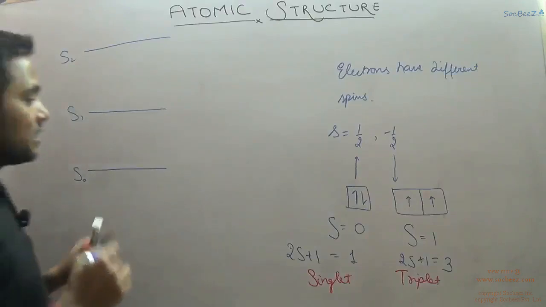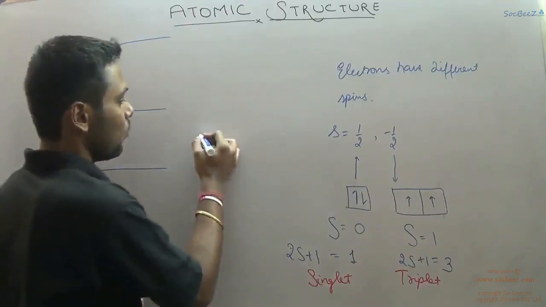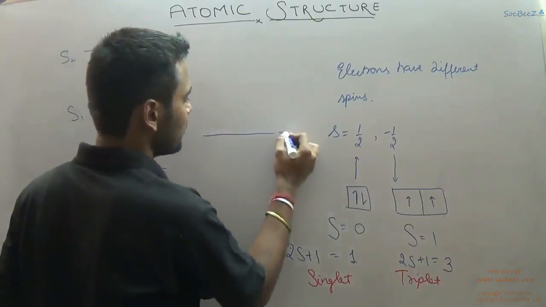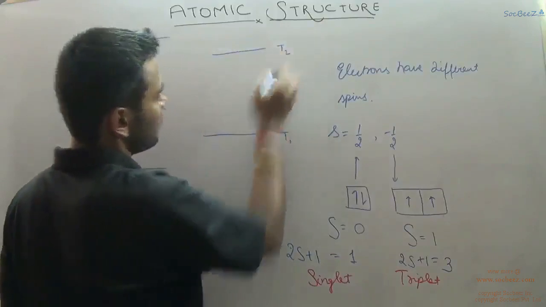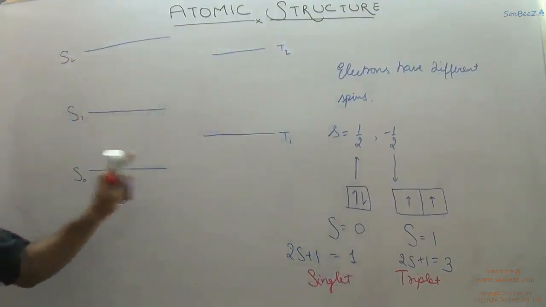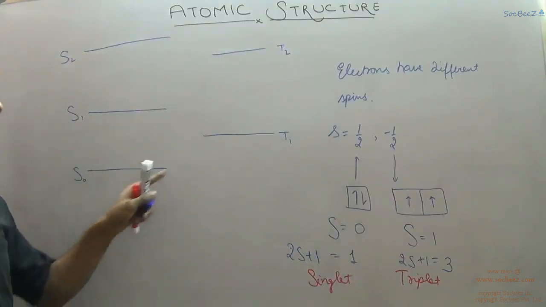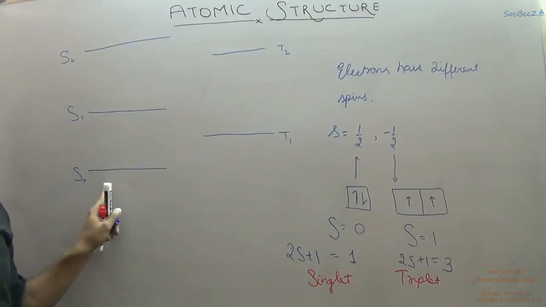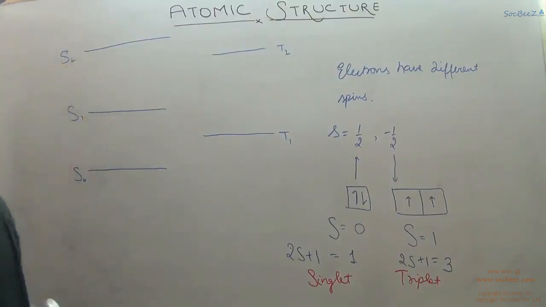Okay. Now there is nothing like ground state of triplet. Always there is first excited state of triplet, then second excited state of triplet. Triplet has no ground state. In the ground state, electrons are always in singlet state, so that they are the most stable species.